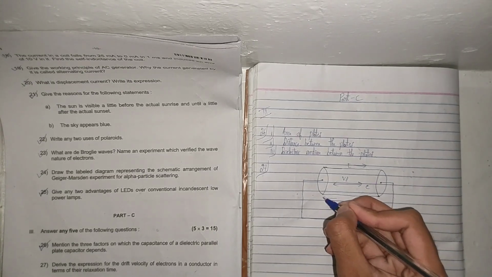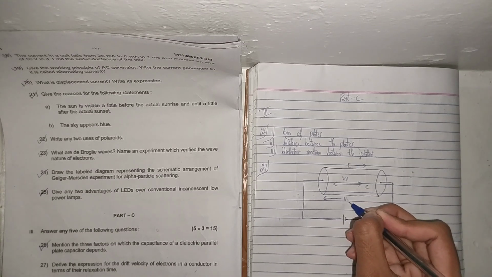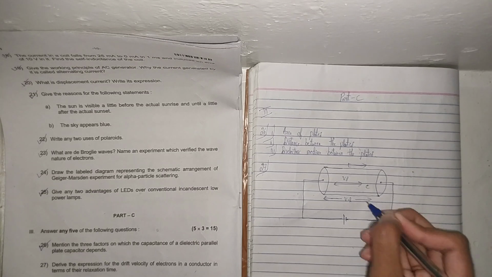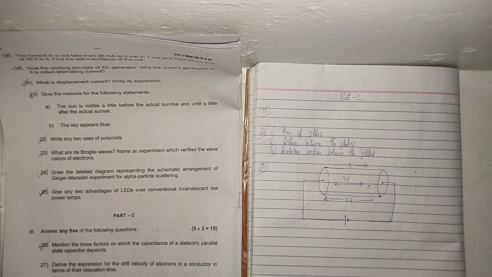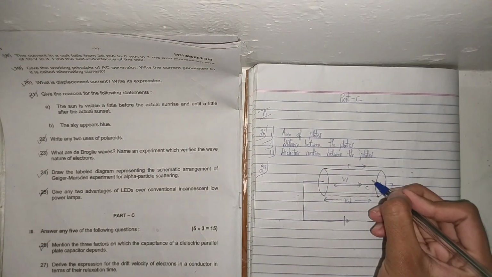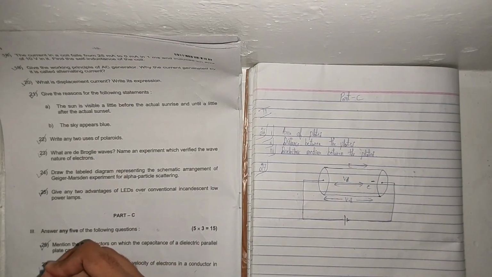This is V into L. Okay, so these are the points. So this is the expression for the drift velocity of electrons in a conductor in terms of their relaxation time. And the minus sign will also be there. Okay, so question number 27 is done.